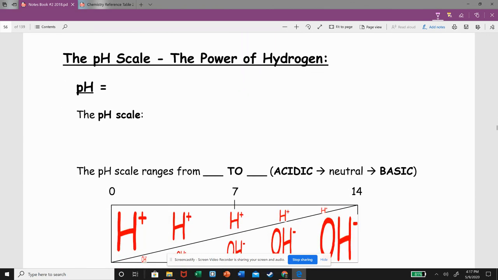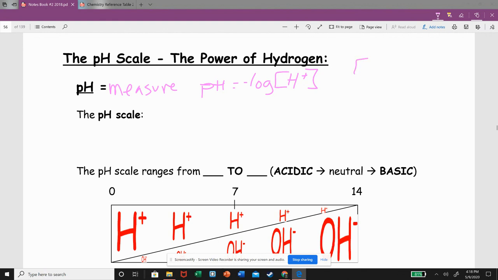Now let's talk about pH, the power of hydrogen. We talked about pH in our first set of notes, and now we're just going to go a little bit more in depth about what pH is. So pH is a measurement, a value, and it is the minus log of the concentration of hydrogen ions, right?